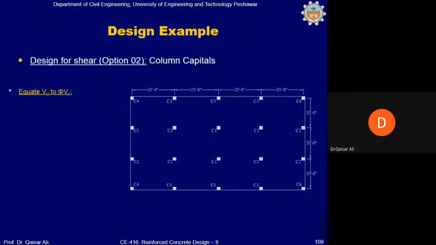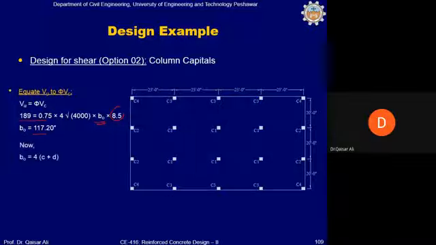Column capitals now for an interior column. In the case of a column capital, we will keep effective D equal to 8.5 inch, and instead we will calculate B naught now. B naught comes out to be 117.2 if we want to keep phi VC equal to VU. Now B naught is equal to 4 into C plus D, so we will calculate C now, which is the size of the column, from this equation.